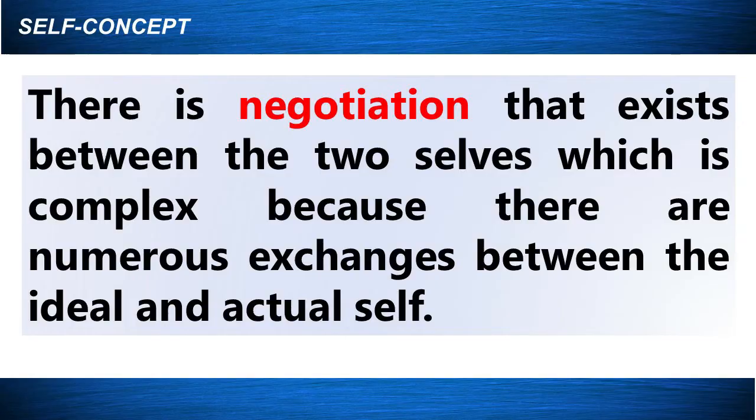But the problem is there is negotiation that exists between the two selves, which is complex because there are numerous exchanges between the ideal and the actual self. Diba? Kaya lang, diba, along the way, pag sinabing negotiation, merong mga pagtatalo, no?